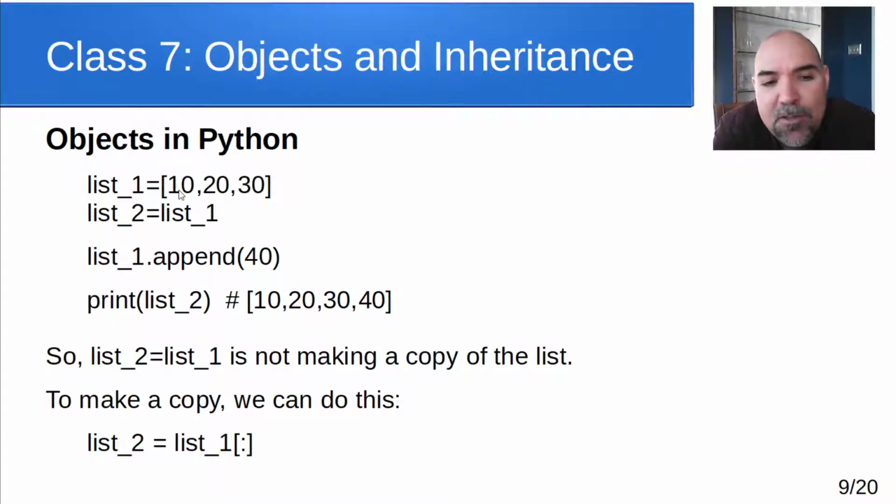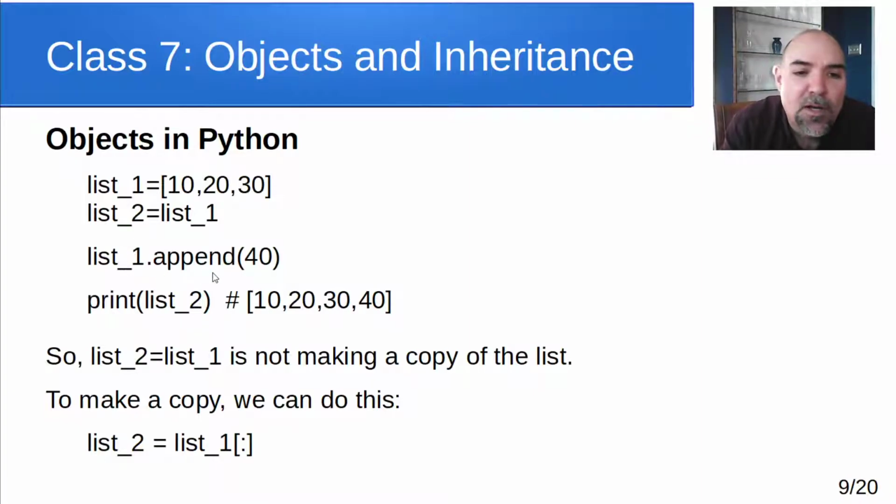And then list2, I set equal to list1. Now, if you're used to some other programming languages, you might think, well, this is just going to make a whole copy of this. So now I have two separate lists. List1 with 10, 20, 30. List2 also with 10, 20, 30, but they're completely separate.